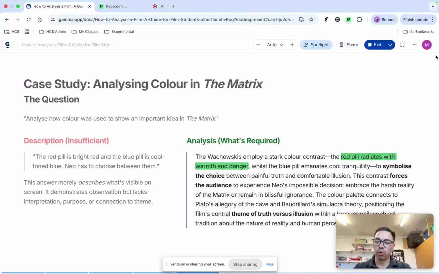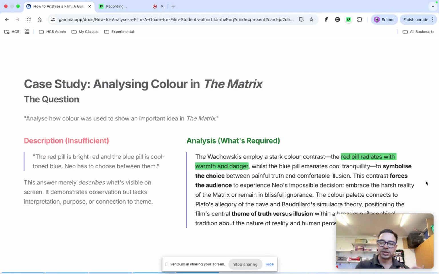And then finally, the contrast forces the audience to experience Neo's decision, embracing the harsh reality or remain in blissful ignorance. Okay, the colors, they connect to Plato's allegory of the cave and Baudrillard's simulacra theory, and they position the central theme of truth versus illusion.